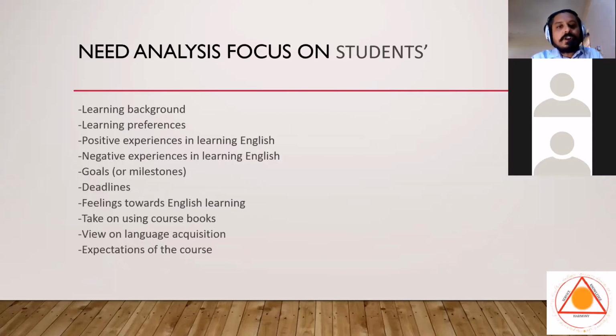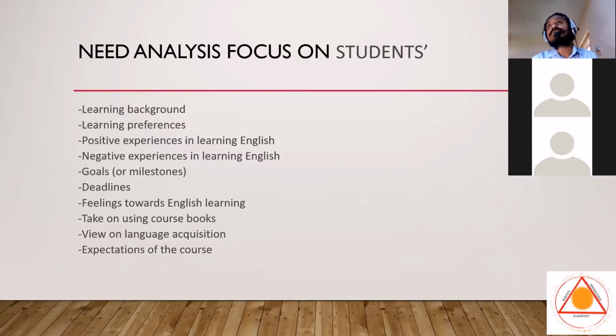So our focus, need analysis helps us as learners to understand the learning background, learning preferences. This is a summary. We will go forward in a couple of minutes. In short, learning background is necessary, preference is necessary. We need to understand what were their positive experiences in learning English as well as negative experiences.